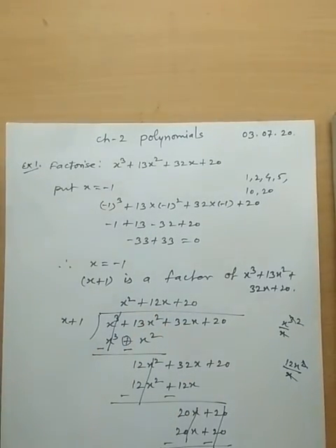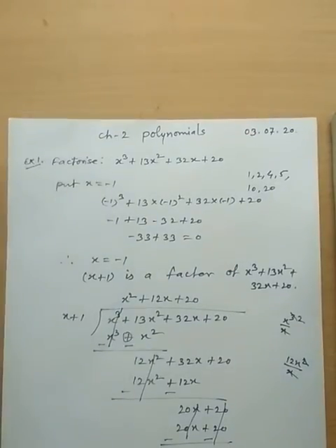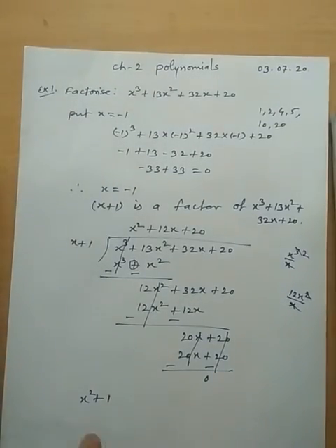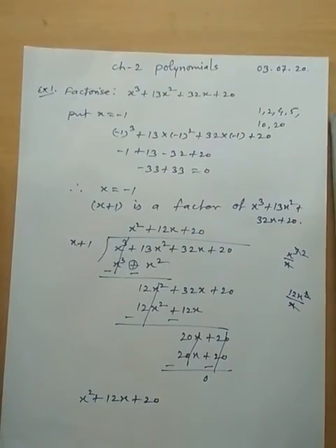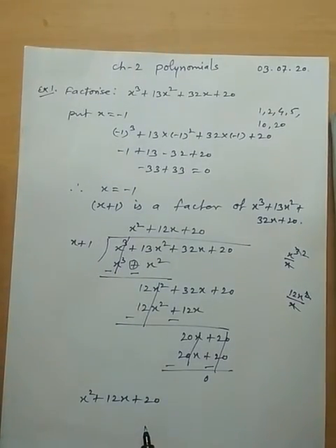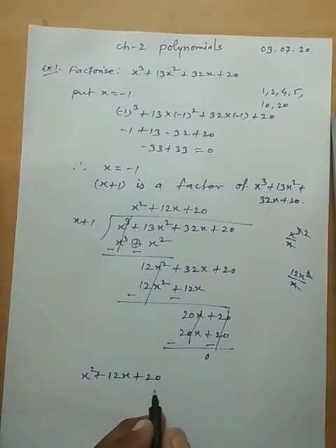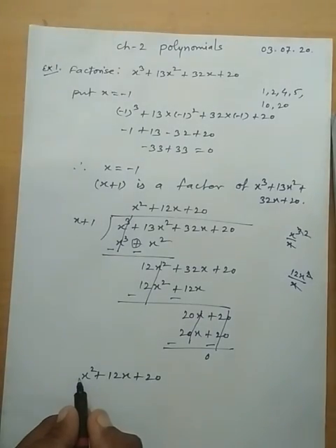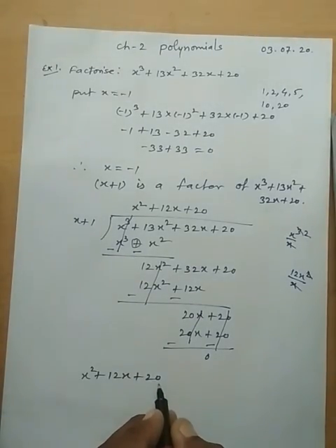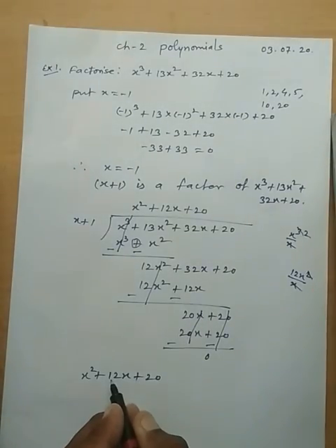Again, find the factors of this x square plus 12x plus 20 with the help of splitting the middle term. The last term is 20, and 20 into 1 is 20. So determine the factors of 20 whose sum is 12.